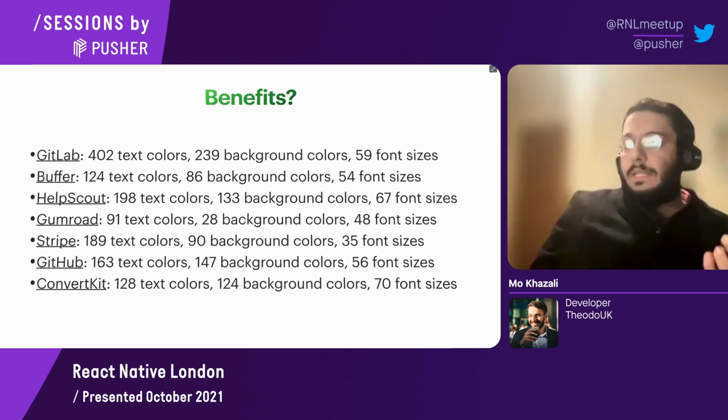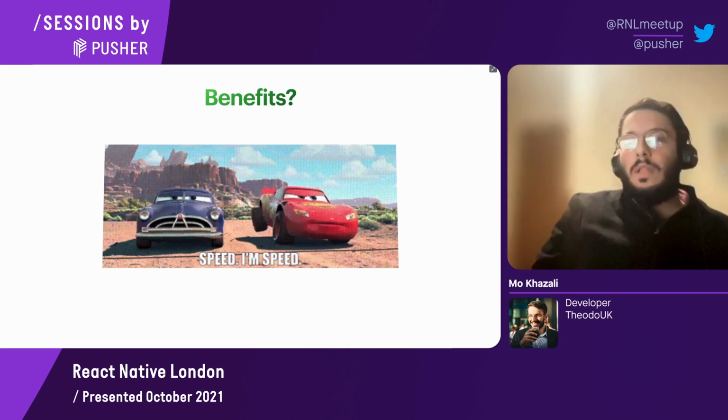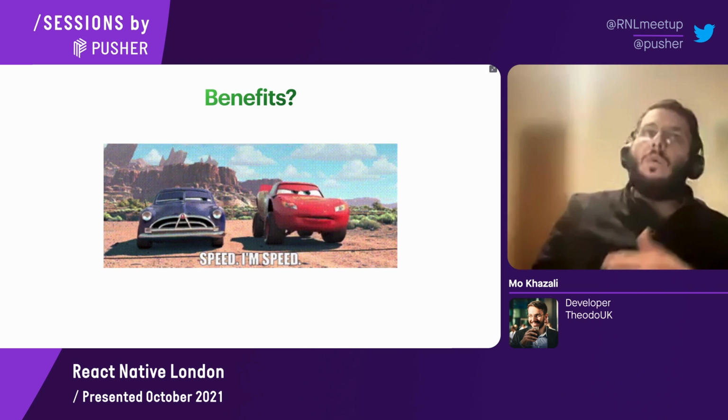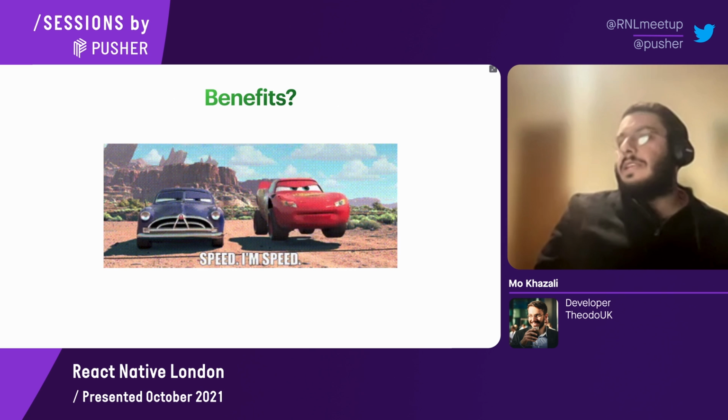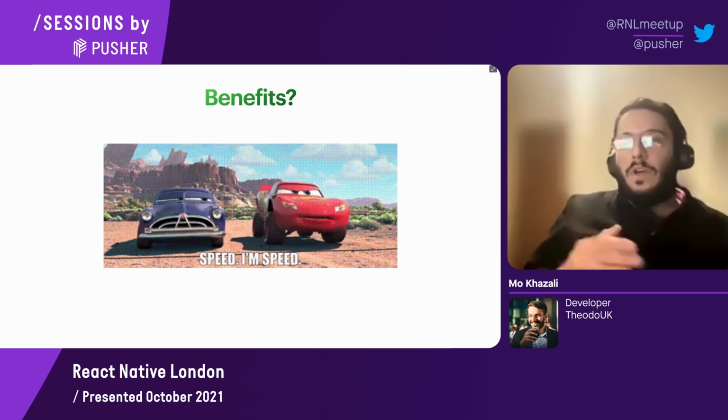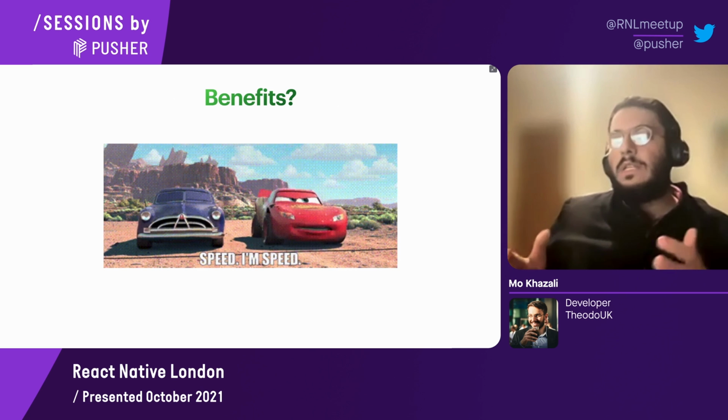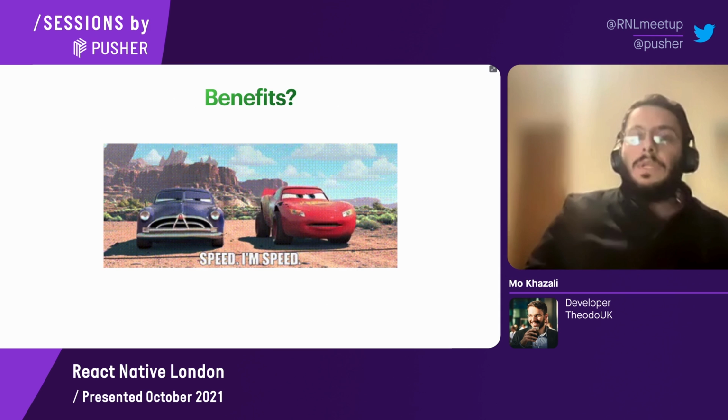Another benefit is the speed. So a lot of people have been saying that by using utility-first styling, or Tailwind specifically, their speed of development has massively accelerated. And the idea is you're not constantly needing to jump between your CSS and your component. You can just stay within your component.